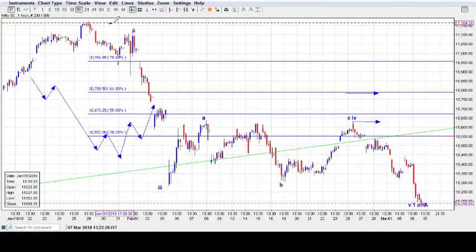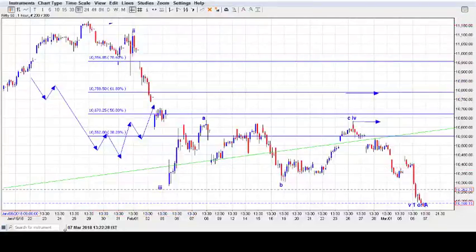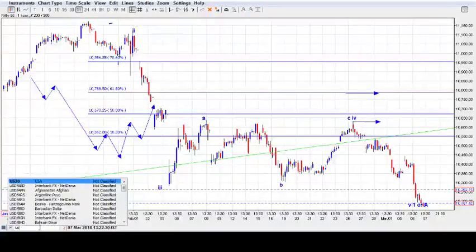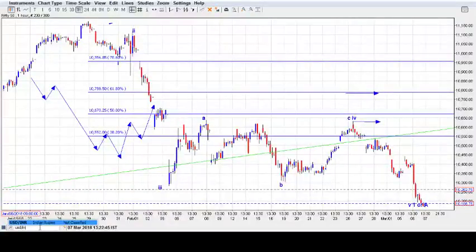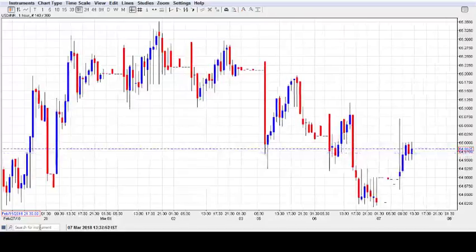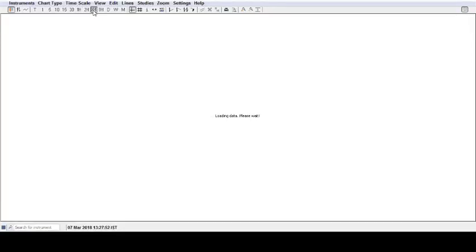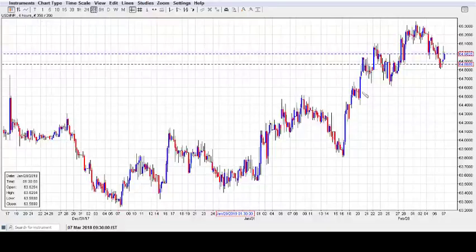Alright, so those are the wave counts: daily, 4 hours and 1 hour. And now let's quickly look into the dollar INR. The story in the dollar INR, what we discussed in the past 2 days before yesterday, is almost coming to the first stop.